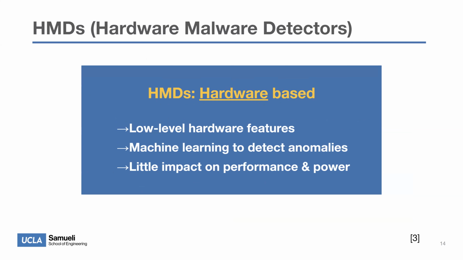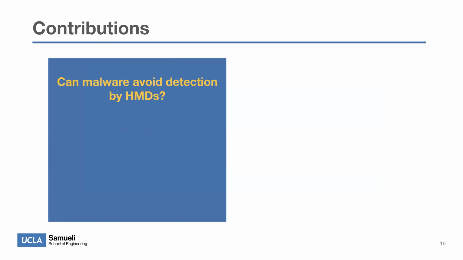Furthermore, machine learning can be used to detect anomalies, and HMDs offer a huge advantage to defenders because the detector is always on without having much impact on performance and power. This is why HMDs are more malware resistant compared to the traditional software-based methods. So, going on to the next slide.